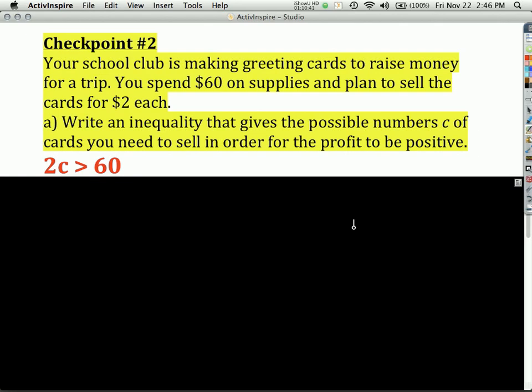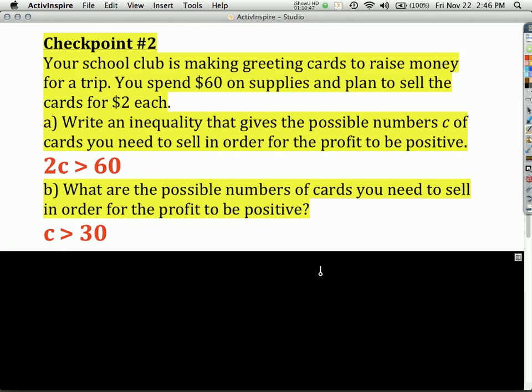And so that would be a false situation, right? Because if I sell exactly 30, I make my money back, but I don't make a profit. It's very specifically worded, for the profit to be positive. I didn't say so that you break even or make a profit. I said so that you made a profit. So in this case, it cannot be or equal to, because equal to means you don't make a profit.